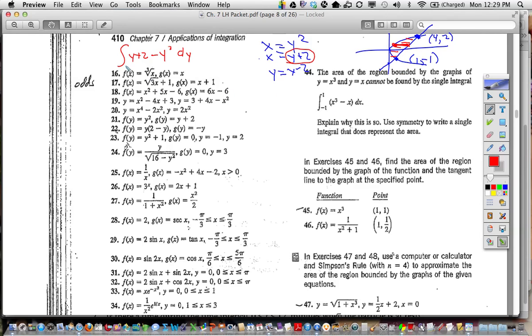The strips fill the space from negative 1 to 2. So that would be your integral. Right x-coordinate is the line, left x-coordinate is the parabola. Make sure you have x equals, so it's your x-coordinates you're looking at. Right x minus left x. Strips fill the space from negative 1 up to 2. And that was supposed to be 9/2. Is that the one that was 9/2?